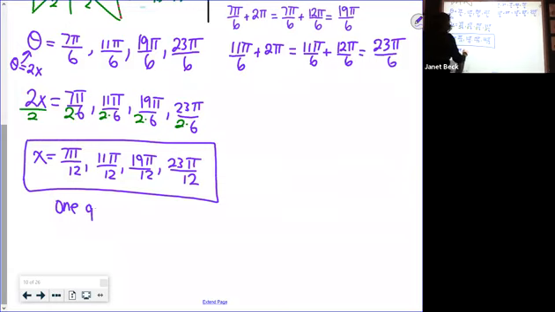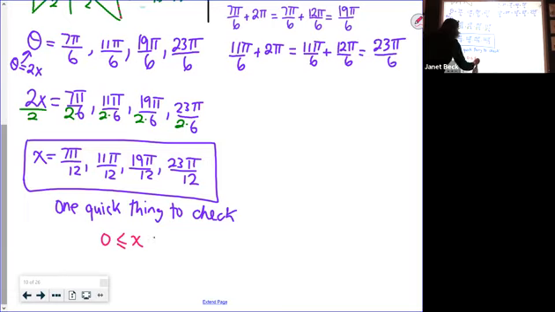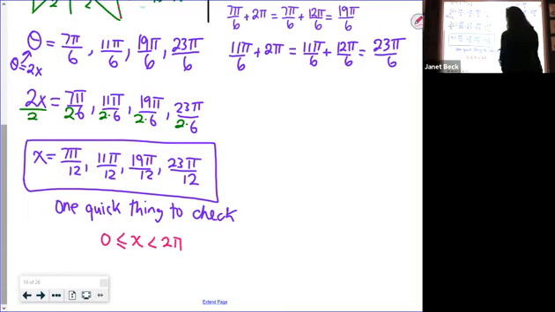One quick thing to check. In the original question, it said that 0 should be less than or equal to x, which should be less than 2π. Check your biggest answer.